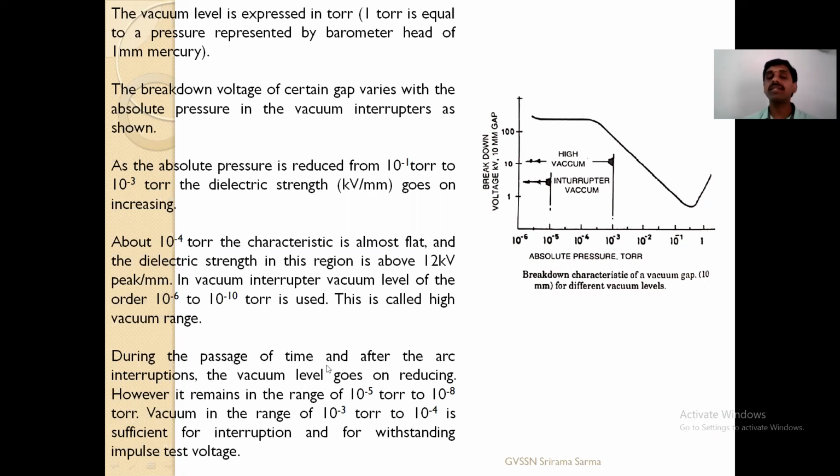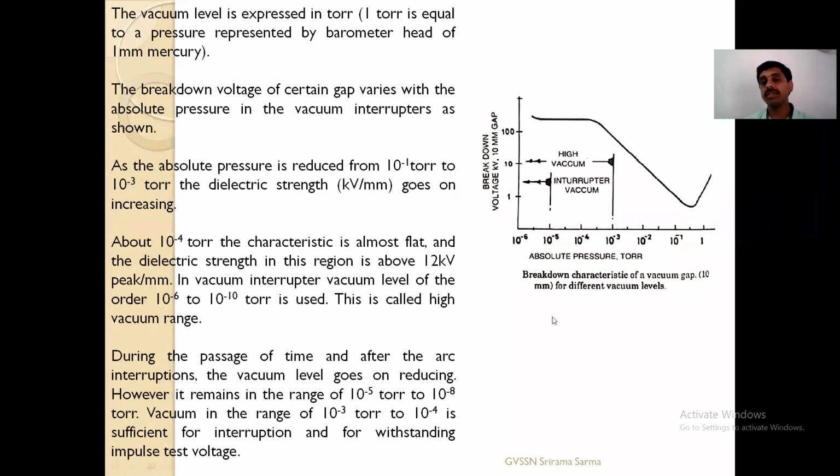With the passage of time, after the arc interruptions, the vacuum level goes on reducing. However, it remains in the range of 10 power minus 5 to 10 power minus 8. Vacuum in the range of 10 power minus 3 to minus 4 is sufficient for the interruption and for withstanding the impulse test voltage. That means this vacuum is enough for interruption, but we are maintaining the vacuum at an even lower value.